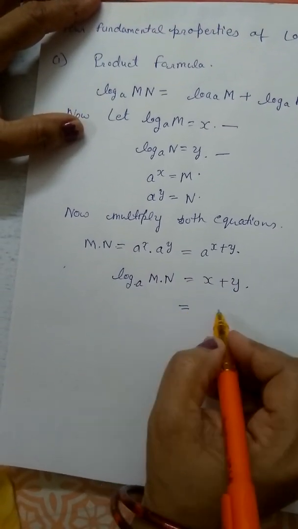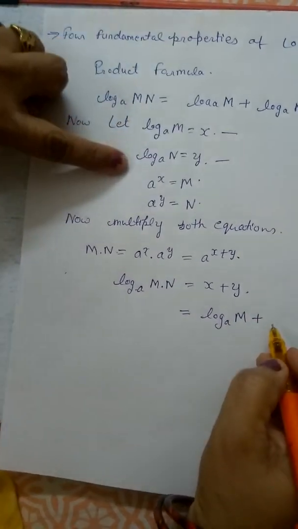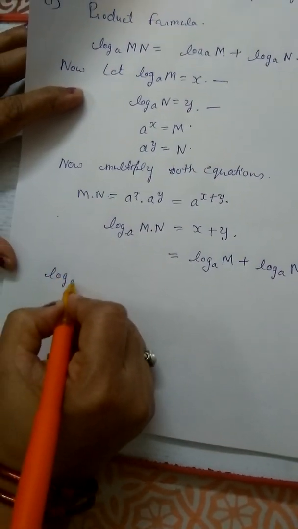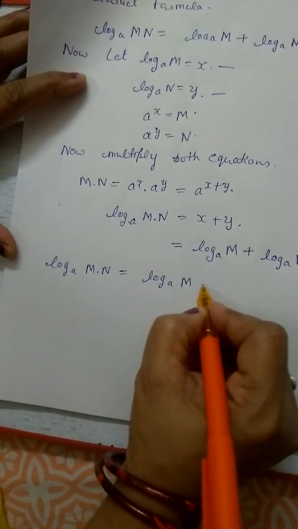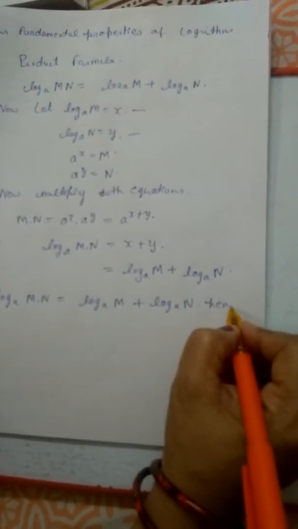What is the value of x? From here you can write this. Therefore log_a (mn) equals log_a m plus log_a n. Hence proved.